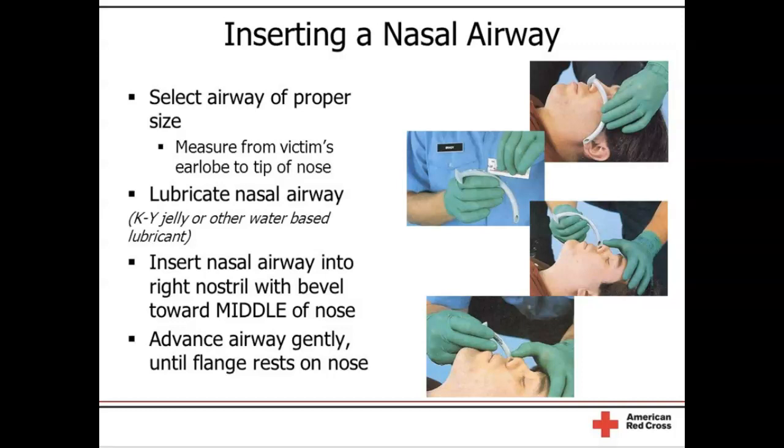You lubricate the nasal airway, and you insert it in the right nostril with the bevel down towards the middle of the nose, and you advance the airway gently until the flange rests on the nose. Now, whether you go in the right or the left, I don't really recall a reason why there is a difference, but either way, you can go in either nares. Maybe there's one that's obstructed for some reason.